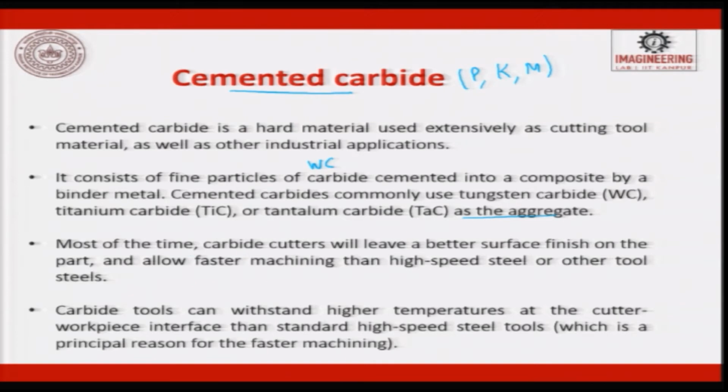Most of the time carbide cutting tools will leave a better surface finish on the part and allow faster machining than high speed steel. Carbide tools can withstand higher temperatures at the cutter workpiece interface than standard HSS tools. So, carbide is the next level of HSS, wherein we try to give the tool geometry to the carbide tools.